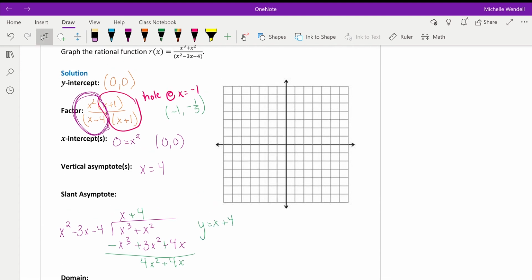So that means I have a y-intercept up at 4 here for this line and a slope of 1. Got my vertical asymptote at x equals 4. My x-intercept at (0, 0), and then that hole at (-1, -1/5).